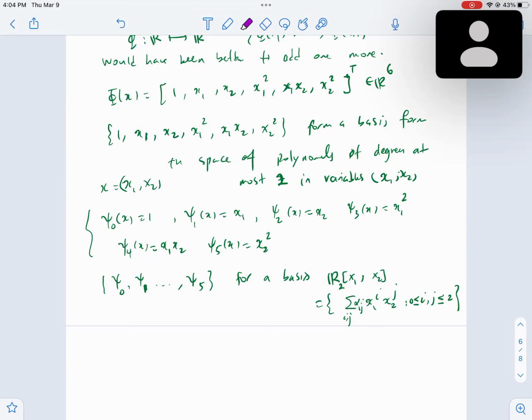So what do we want to balance, sort of? Efficiency? Efficiency in what sense? Yeah, like computational efficiency: you can see that the number of features grows. Polynomial degree 2 in 2 variables, we have 6. If you do 3, it's going to be much more. You have x1 squared, but then x1 to the third, x1 squared times x2, x1 times x2 squared, and then x2 to the third.